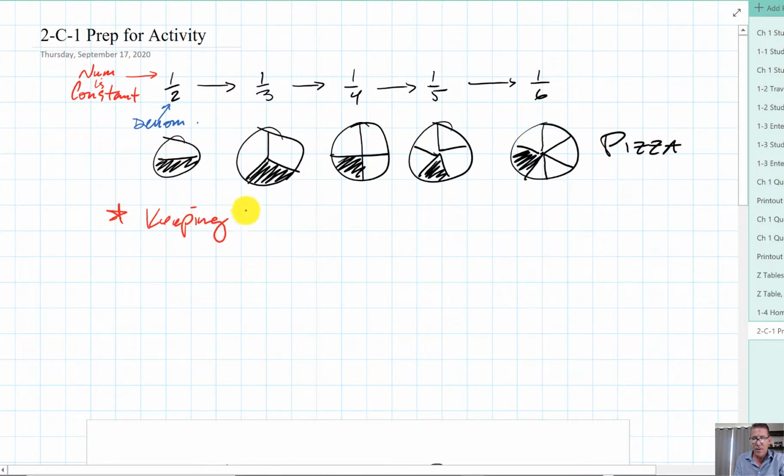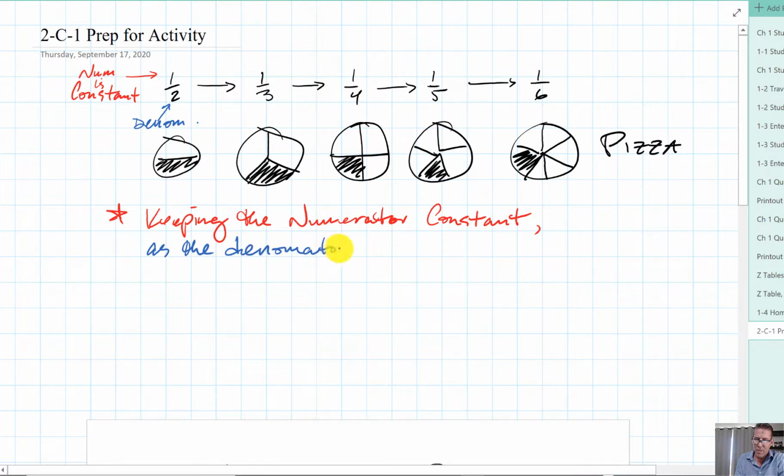Keeping the numerator constant, constant means it remains the same, as the denominator increases, goes from 2 to 3 to 4 to 5 to 6, so the denominator goes up, the size of the fraction decreases.